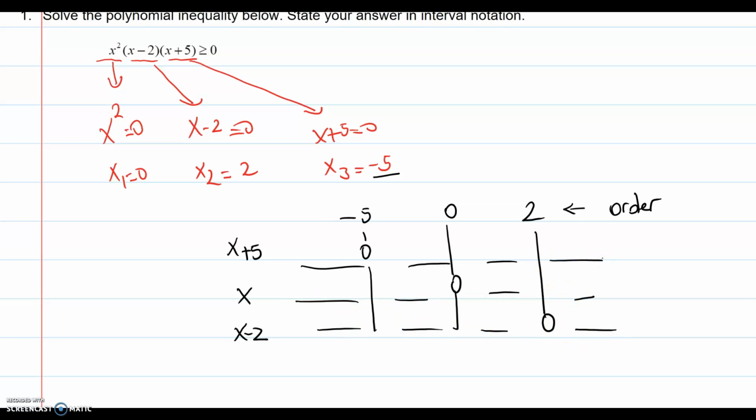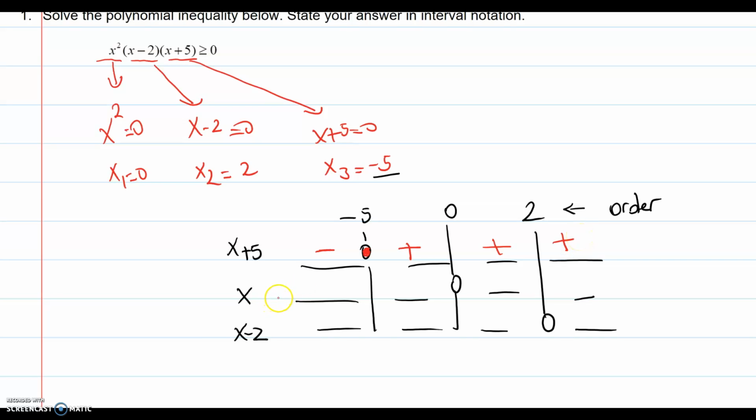Alright. Then you go to each place where -5 is a root of x plus 5, and you decide the sign on both sides of the box. So if I give values higher than -5 for this statement, it will be positive. Because this is positive, that will be negative. Since there are no more roots, that will continue as positive.